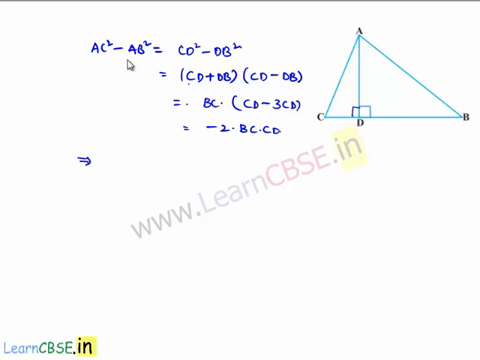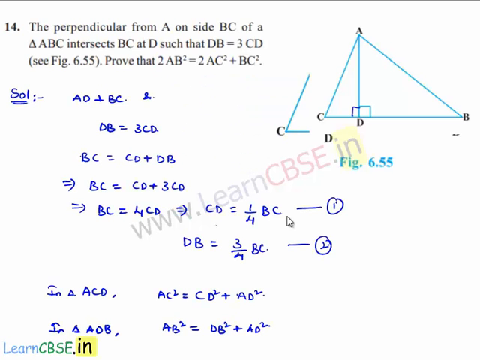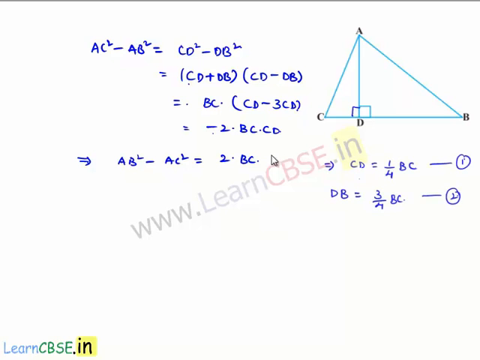So now, in order to change the sign of right hand side, let us multiply it with minus. Then we get the equation as AB square minus AC square is equal to 2 times BC, and we can write that CD is equal to 1/4 times BC from equation 1.